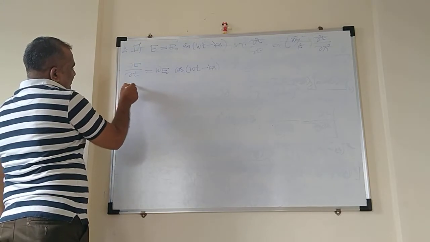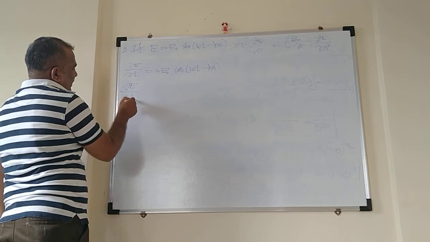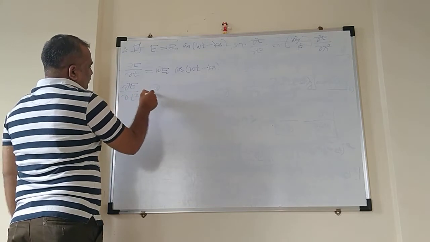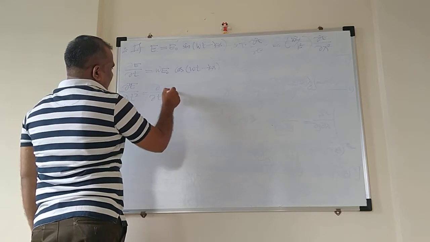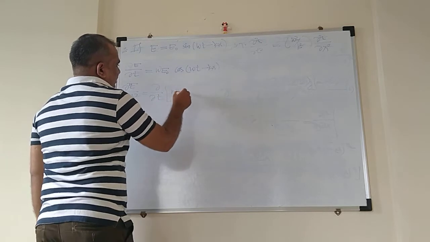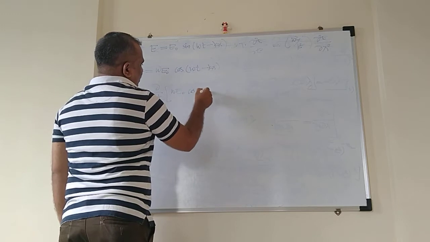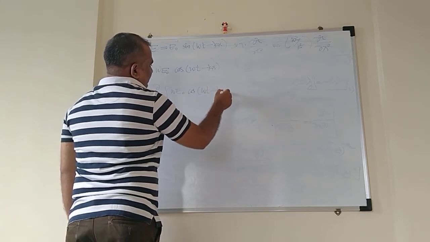Now differentiate a second time. ∂²E/∂t² is equal to ∂/∂t of this function, that is, omega E naught into cos of (omega t minus kx).